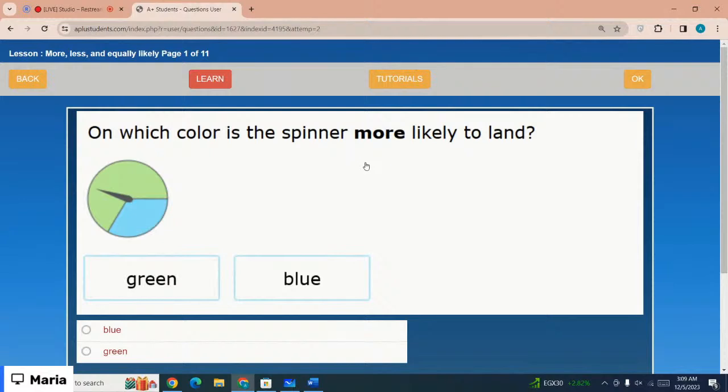So on which one does most of the portion land? Because you have more portion green. The less portion is blue. So that means the spinner will most likely land on green because green has more portion. It will land on the one that has more portion. So the correct option is green. Got it?